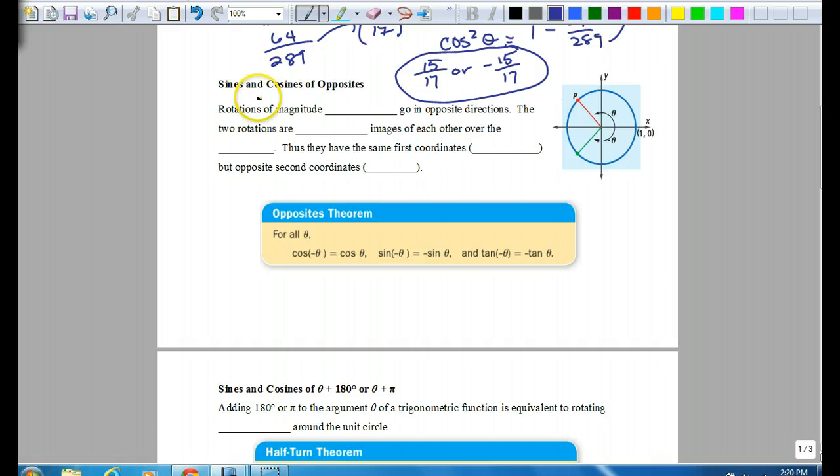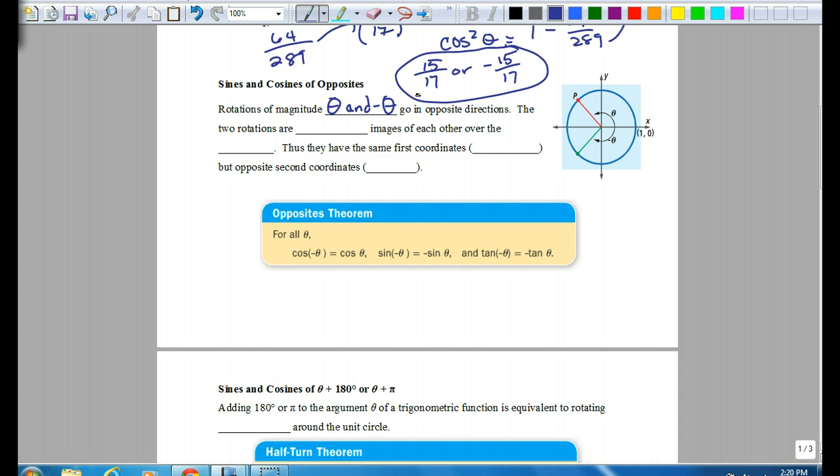Okay, so in your notes, you should be writing this down. Rotations of magnitude theta and negative theta go in opposite directions.